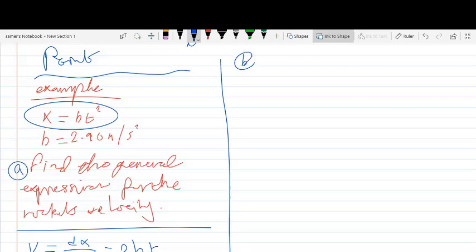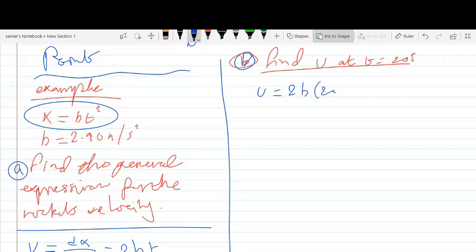B, find the velocity at t equals 20 seconds. Simply v equals 2b times 20.